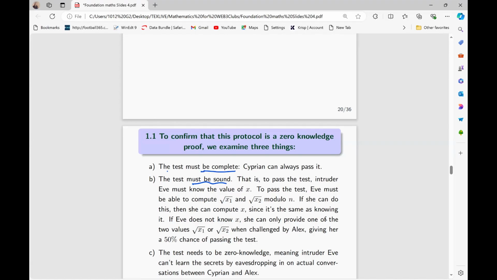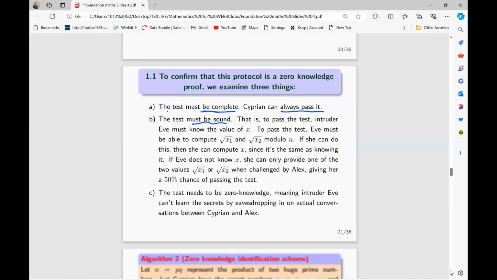For the test to be complete, it means the person who claims to have the information must pass all the questions, must always pass. If he always passes, then we say that the test is complete. And the other thing we say is that the test should be zero knowledge.